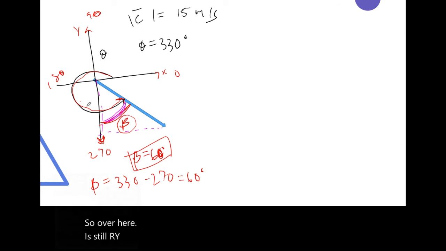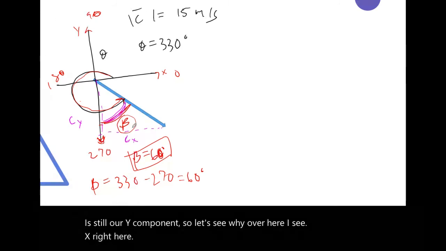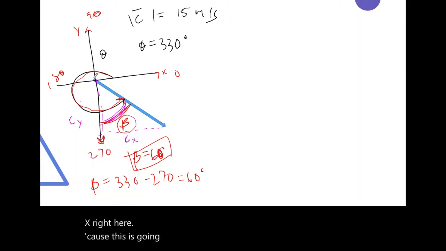And x right here, because this is going in the x direction down here. Over here is the y direction. Okay, so now we take our triangle that we just made with beta.